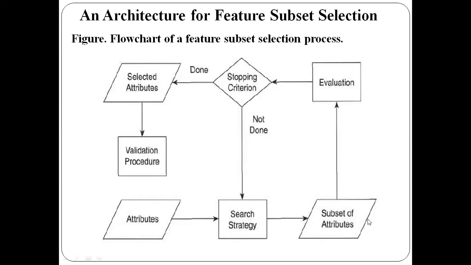So in the filter approach, once you get this subset of features, you need to predict how good a result your data mining algorithm is going to give with this subset. That is the measure used in the filter approach. If I consider the example of students again, suppose I have a student called XYZ.